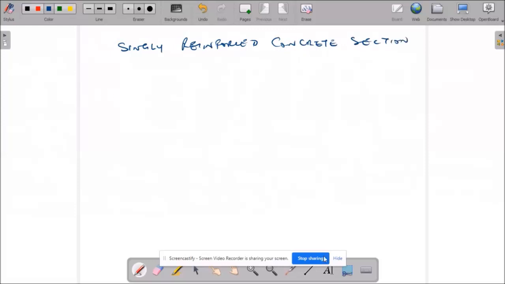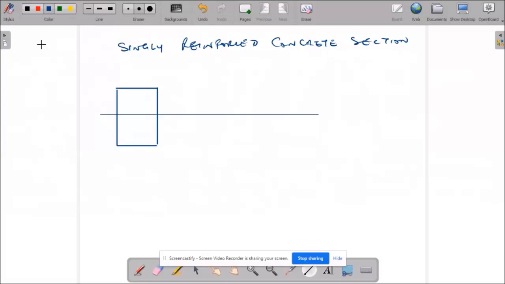So let's draw the diagram. We have a section of this nature, and it has an overall depth. Let's draw the neutral axis line.